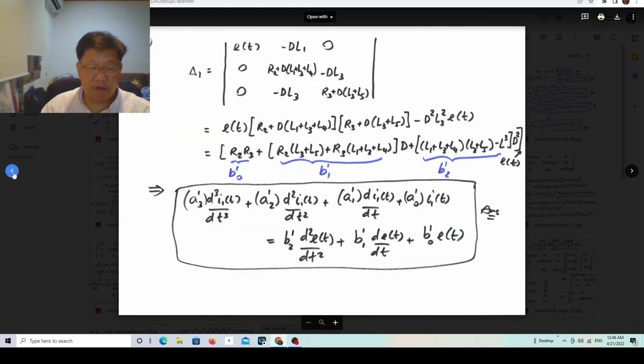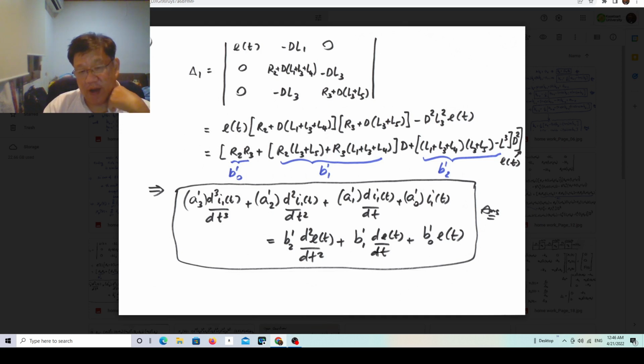Remember that when the left hand side and the right hand side have different orders, for example if they don't have the zero order, and you have a differential polynomial of order R, then I(t) has to be a polynomial of order R minus 1, because the first order is conserved here. But since the right hand side consists of the zero order, I(t) is automatically dictated by the type of E(t).